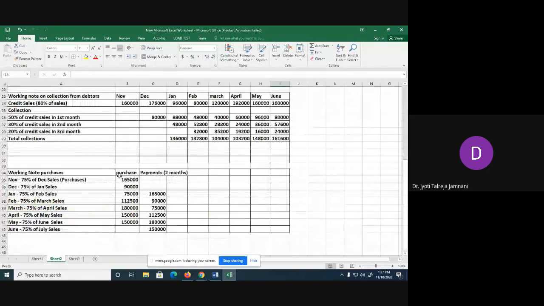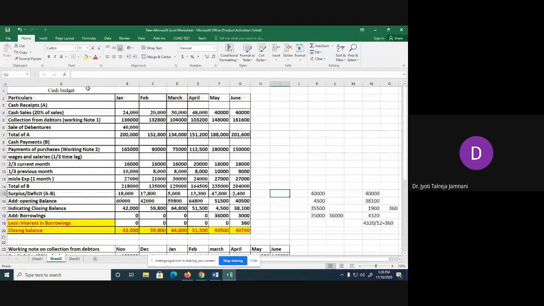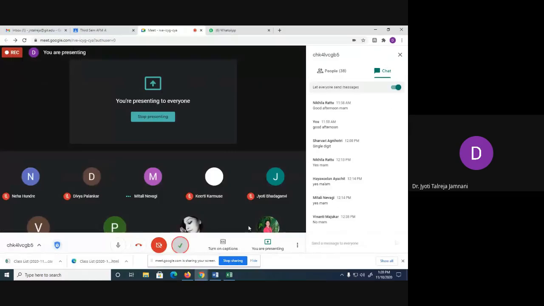We had to actually find the amount of purchases and then do the payment of it. Then they had not told you clearly how the payment will be received, 50% in first month, second month, third month from debtors. So you have to do that working note. So every problem that I'm doing is important and you need to practice all of them. Only then you will be perfect to do cash budget sums.